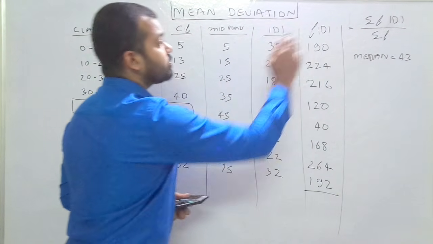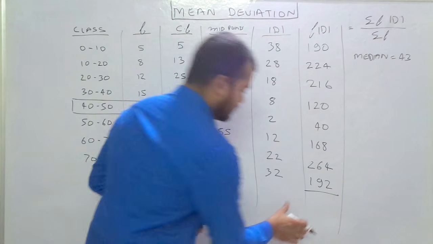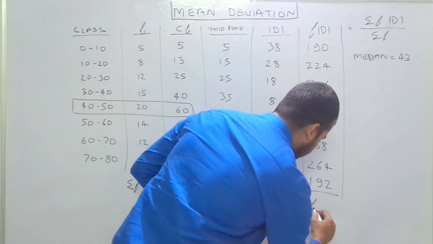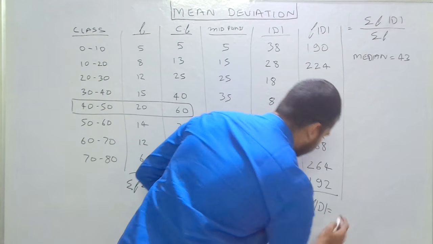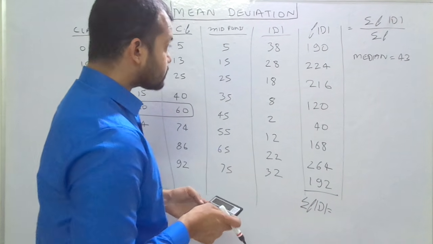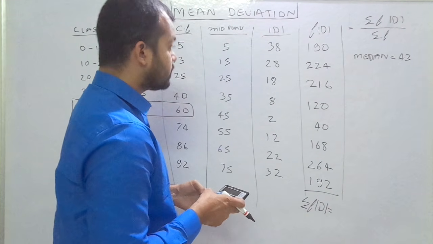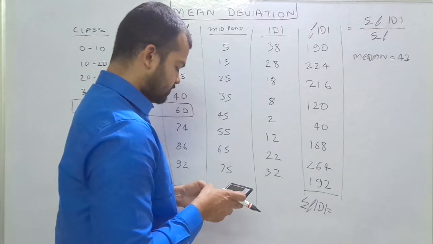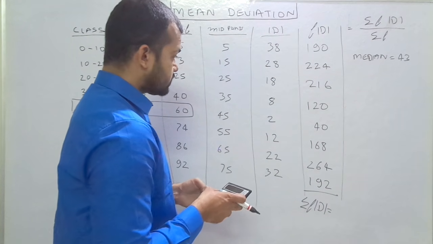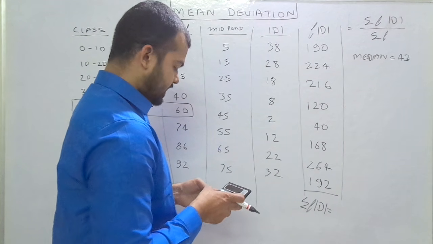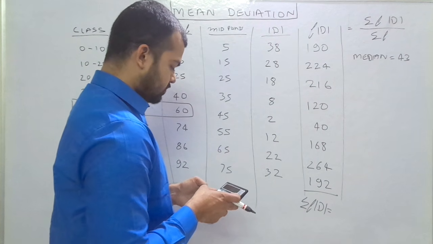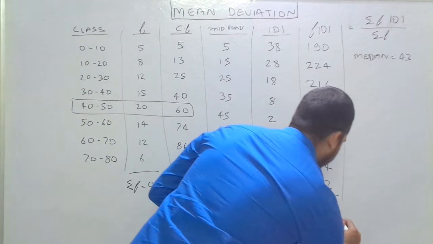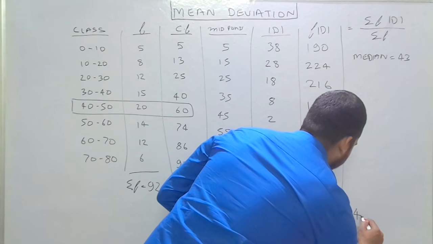Now the numerator of the formula is summation f d. It means we have to calculate the total of this column. Summation f d is equal to 190 plus 224 plus 216 plus 120 plus 40 plus 168 plus 264 plus 192. So the figure comes out as 1414.